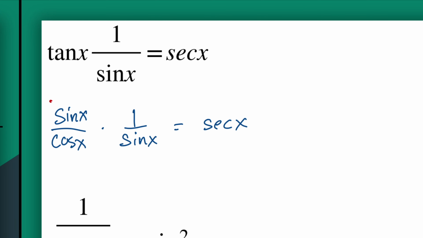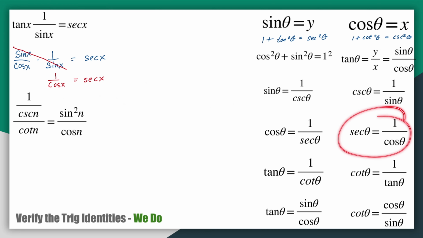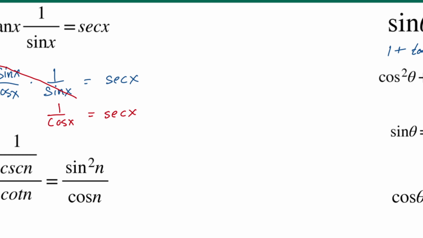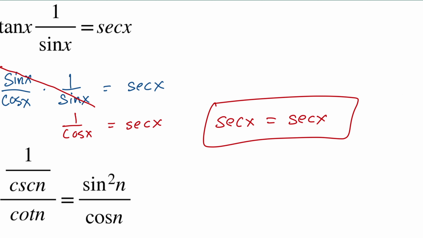Well, hopefully you're seeing sine over sine cancels, and you get 1 over cosine x is equal to secant x. And as we just said at the beginning, secant x is the same thing as 1 over cosine x. So we can just rewrite that as secant x is equal to secant x. Boom. That one's done. Okay.